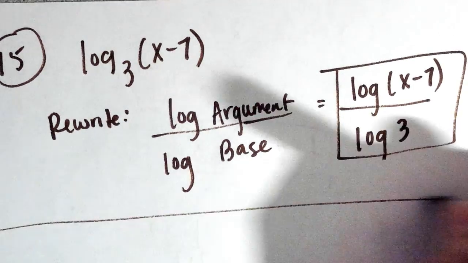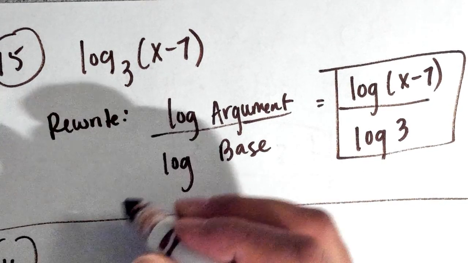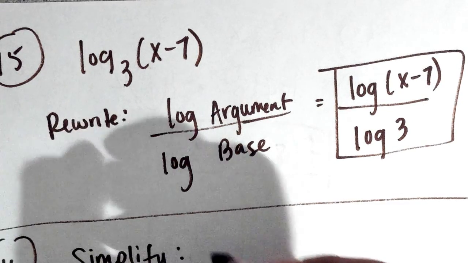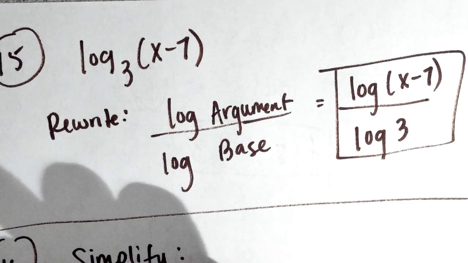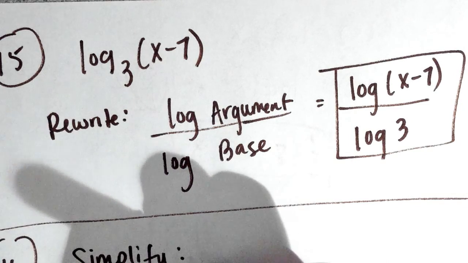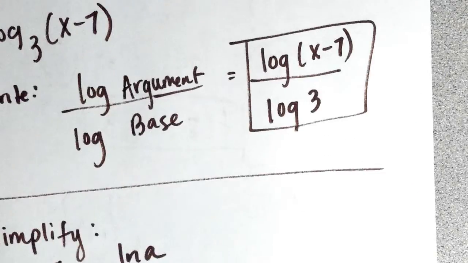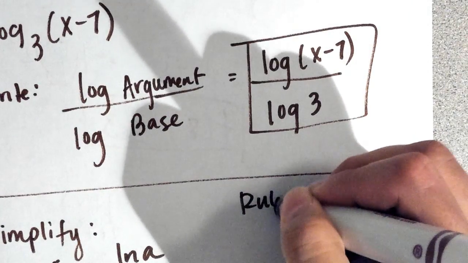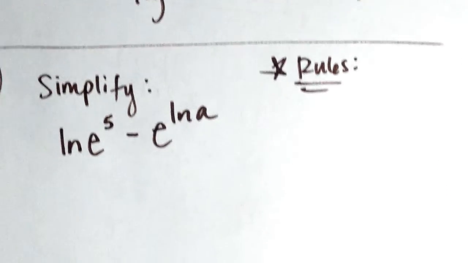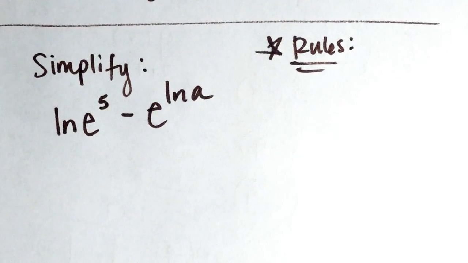Number 16, it says simplify. We have ln e to the fifth minus e to the ln a. Now here's some rule properties. Little side note. Some rules.